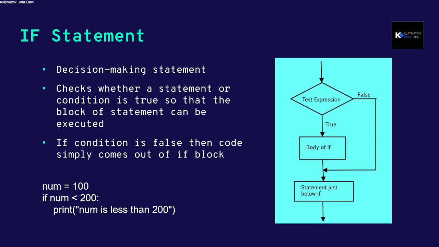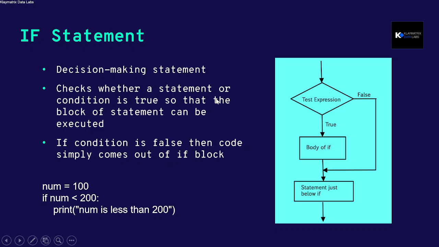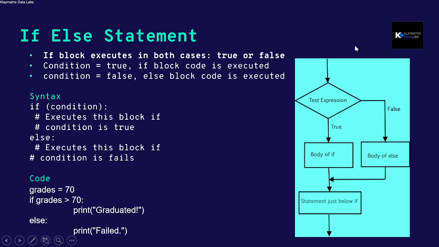Now let's get back to the next statement, which is the if else statement. Unlike the if statement wherein only when the expression is true the if block is executed, we have the if and the else block in the if else statement.